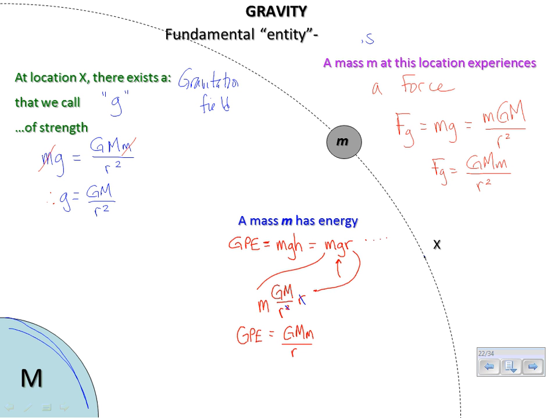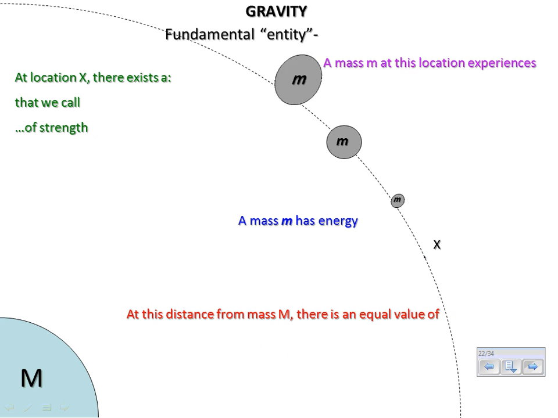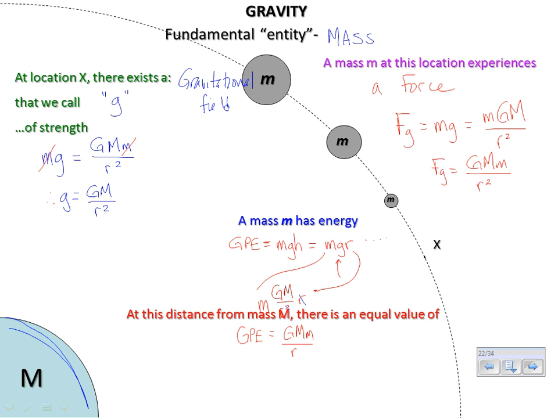All right, now here's where it gets a little bit tricky. We introduce this whole new quantity. I'm just going to rewrite this as GPE equals G big M little m over r.